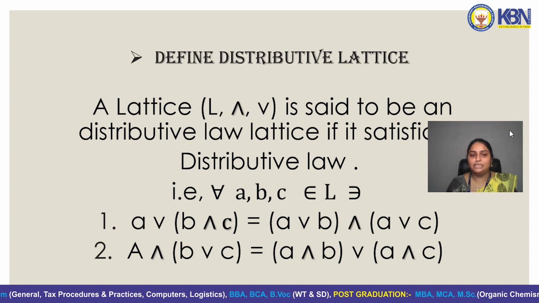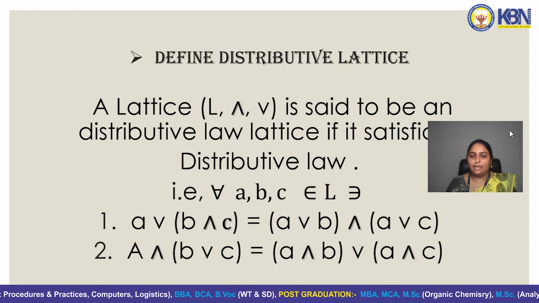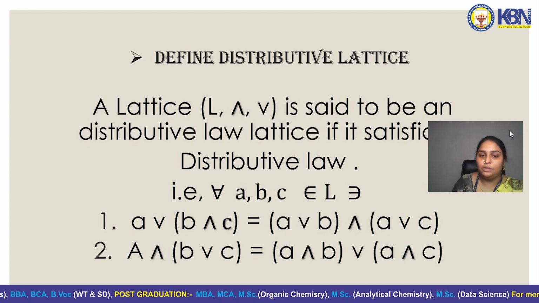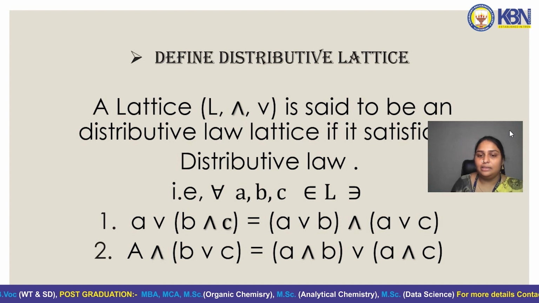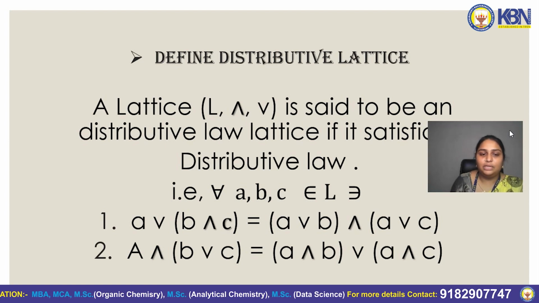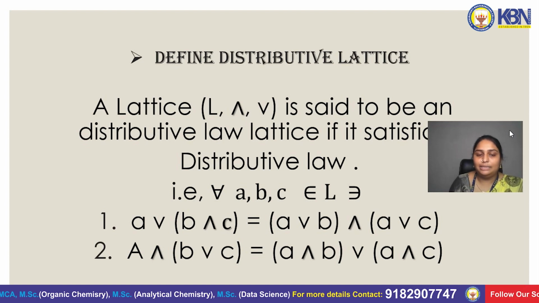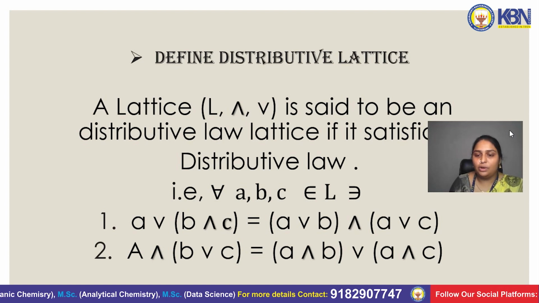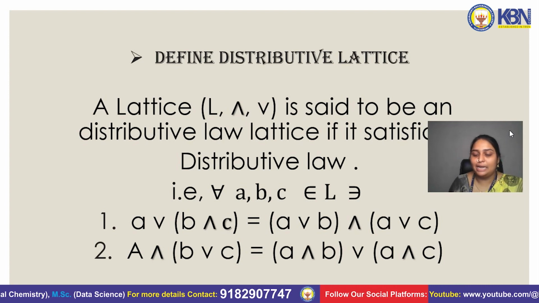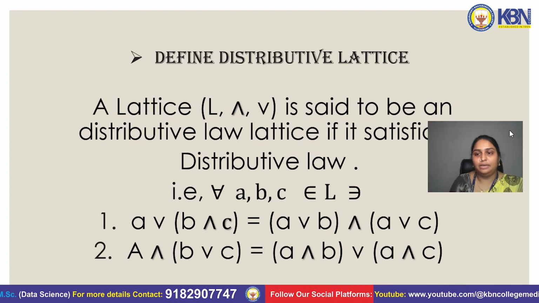The first one is A join (B meet C), that can be written as (A join B) meet (A join C). Here we are distributing the element A over both the elements B and C. And the second one is A meet (B join C), that can be distributed as (A meet B) join (A meet C). That is, a lattice is said to be a distributive lattice if it satisfies the distributive law.